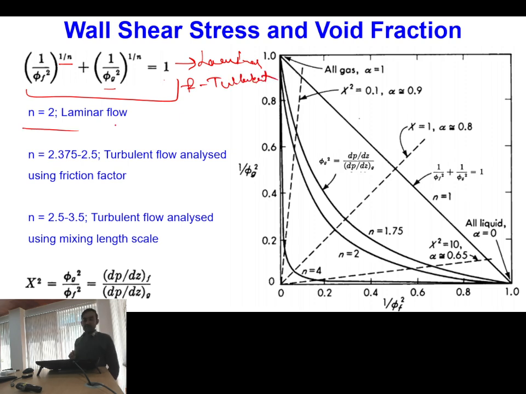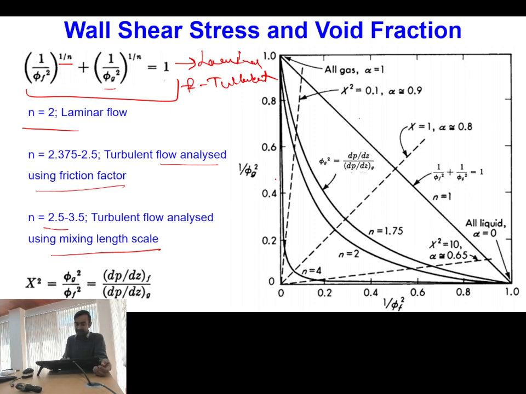Depending upon the flow conditions, for laminar flow n will be equal to 2. For turbulent flow, if turbulent flow is analyzed using the friction factor approach, then the value of n will be from 2.375 to 2.5, and if turbulent flow is analyzed using the mixing length scale approach, in that case the value of n will be from 2.5 to 3.5.